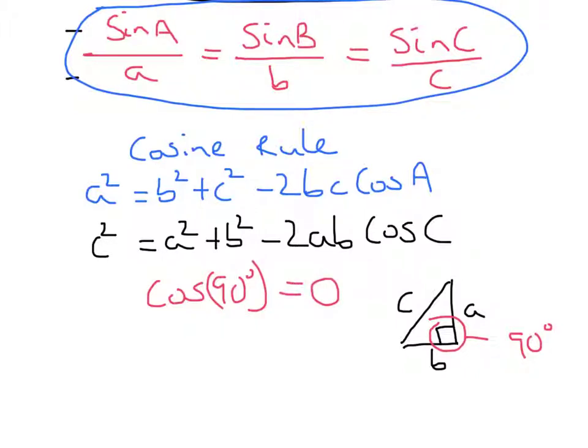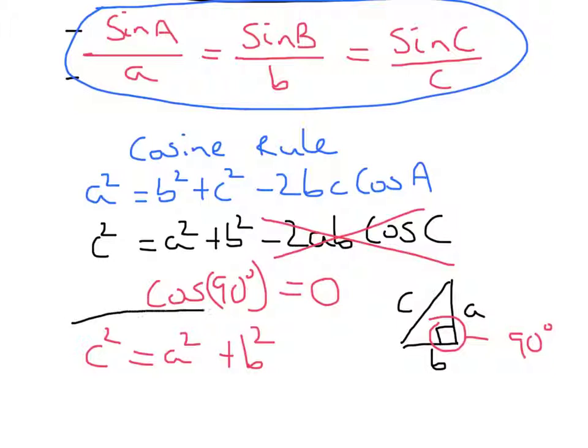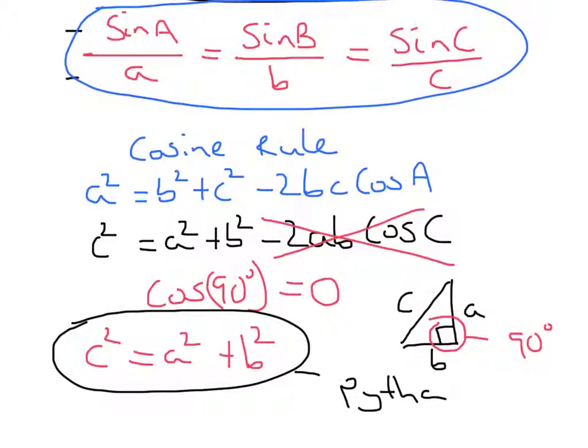So in a right angled triangle, c squared equals a squared plus b squared minus 2ab cos C, and since cos 90 is 0, we eliminate this side of the equation, and if you look at the equation that we're left with here, you'll find it's Pythagoras' theorem. So what we can see is that Pythagoras' theorem is really just a specific form of the cosine rule.